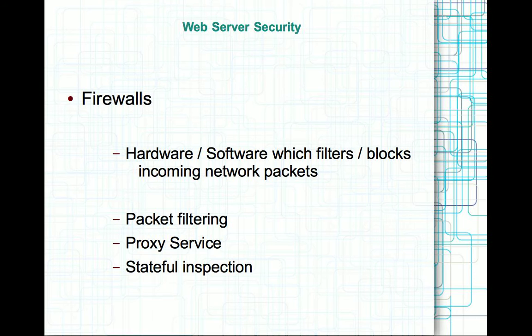And this is done by one or more of the following methods. So we have either packet filtering, proxy service, or stateful inspection. And on these three technologies I would like to have a look now.